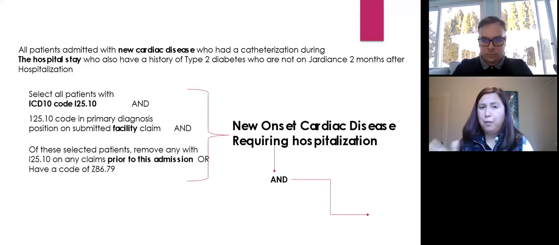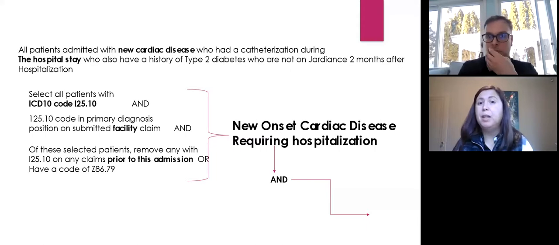Now, you'll see here in bold on the left slide, ICD-10 code I25.10, and the family of codes that go along with that, they describe cardiac disease. So we're going to pull and extract all the patients that meet that criteria. But we're not done, because we're looking for new cardiac disease and somebody that was hospitalized for cardiac disease.